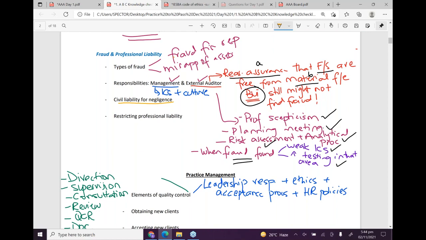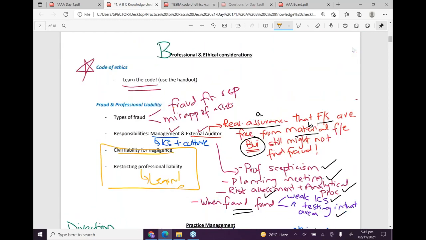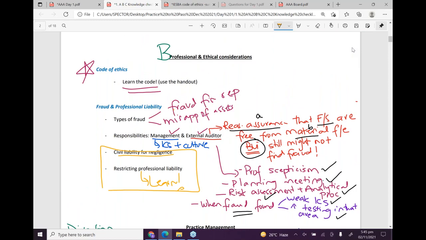And you should learn how I can restrict professional liability. So this has not come up in the exams for a very long time, but this is easy stuff that you should be comfortable with if this comes up in the exam. So fitting this onto the screen now, syllabus area B is code of ethics and fraud along with professional liability.